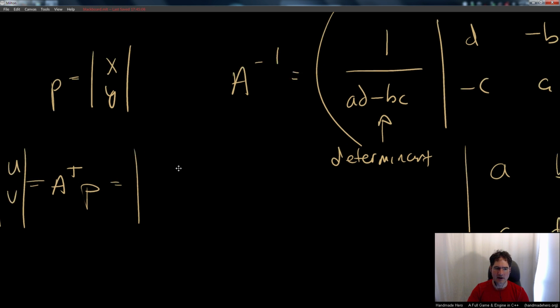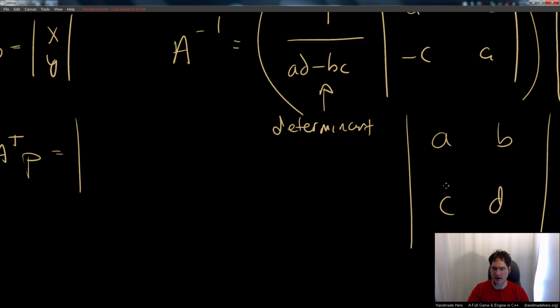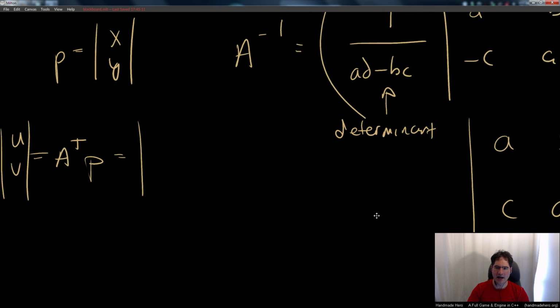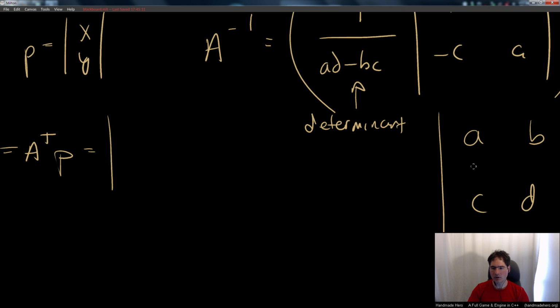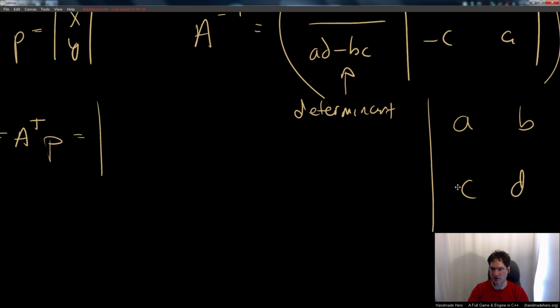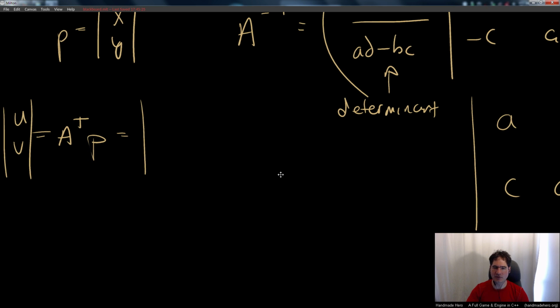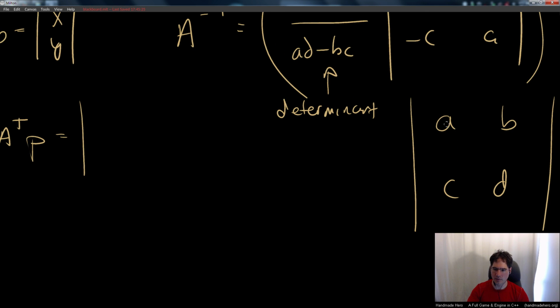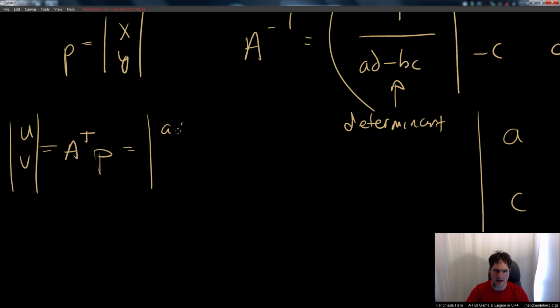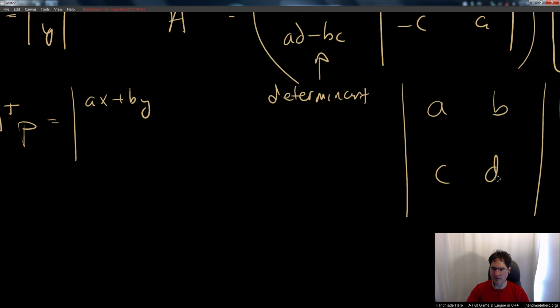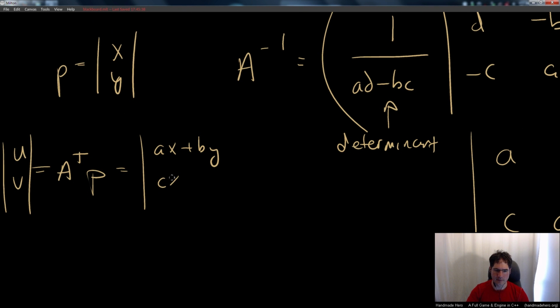Well, that just gives us A transpose P. If the matrix looks like this, A, B, C, D, or whatever, we'll fill in what the values actually are later, because we know this was the x-axis and this was the y-axis of our transform, right? But anyway, if we did not transpose it, the matrix A, B, C, D times XY would be AX plus BY in the top, and CX plus DY for the bottom.